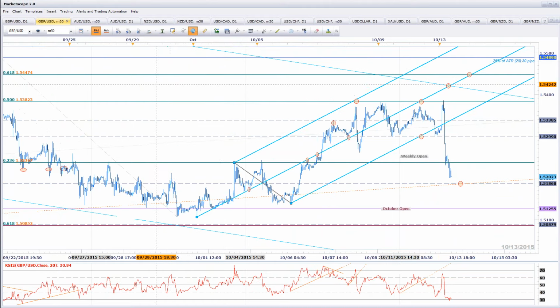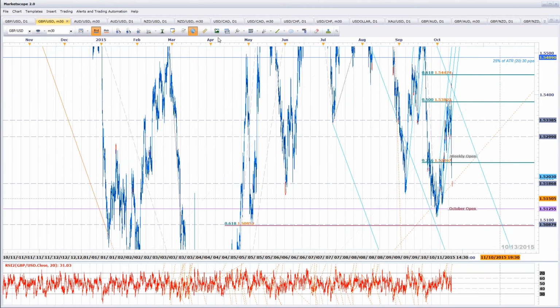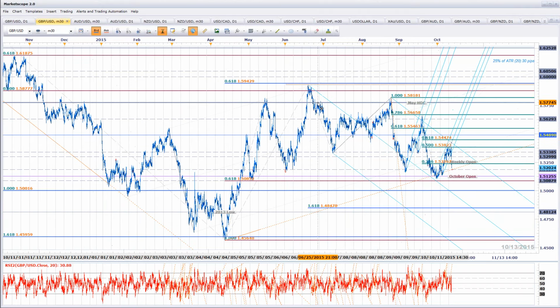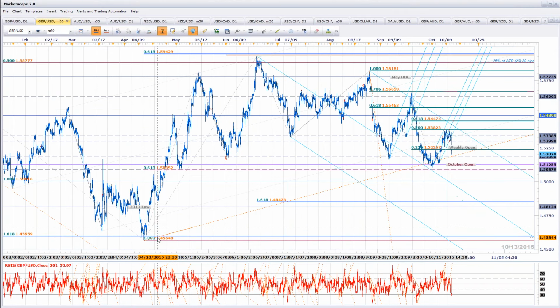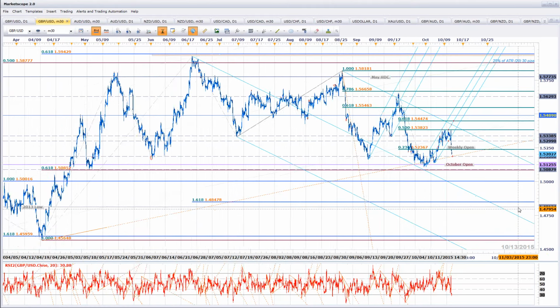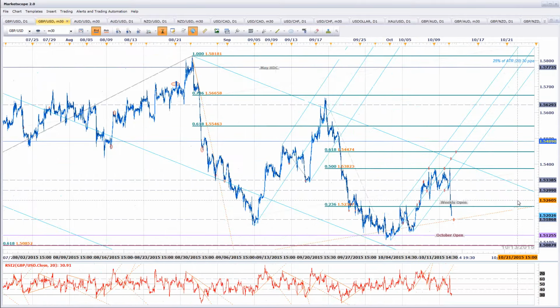I just want to show you guys, just a sliding parallel from the lows that you made in April. It comes in right alongside the swing lows we made from May. It's basically right around the 151.87 level.